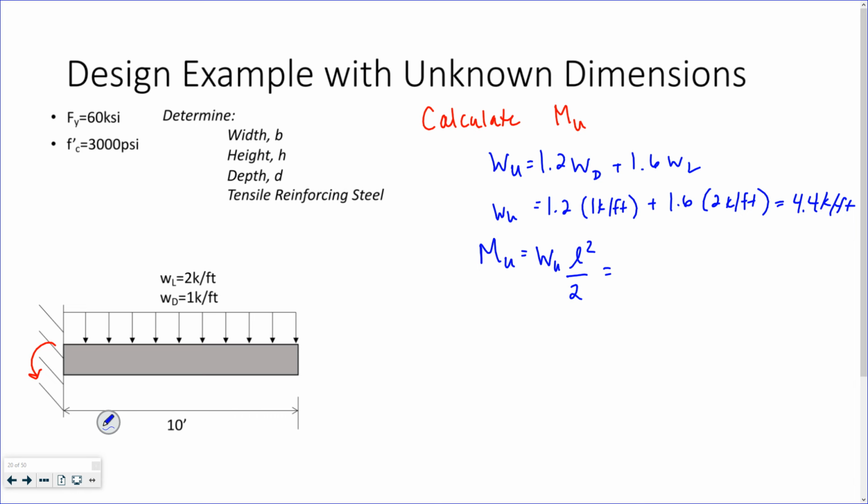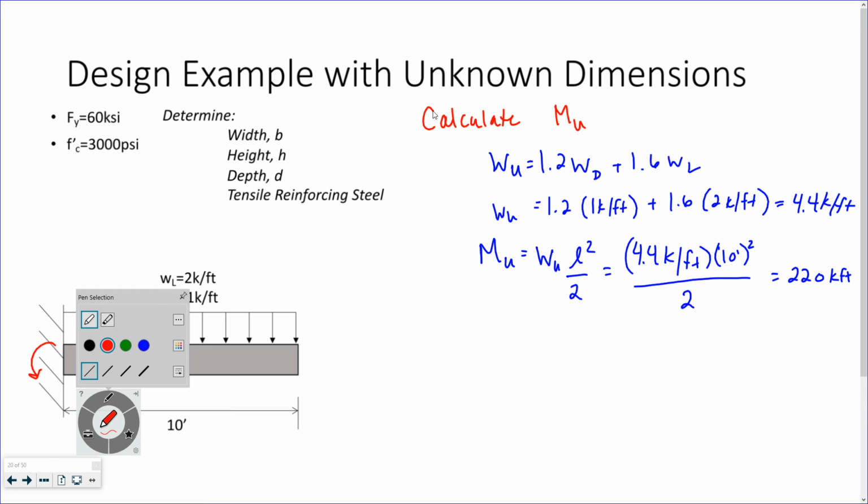So Wu L squared over 2, 4.4 kips per foot times 10 feet over 2, or 10 times 5, which should give you 228 kip feet. Everybody see?